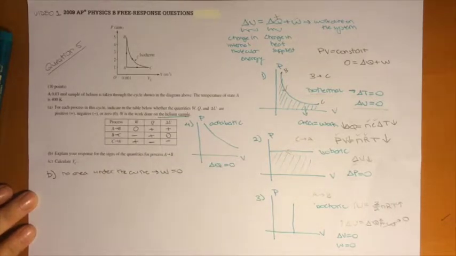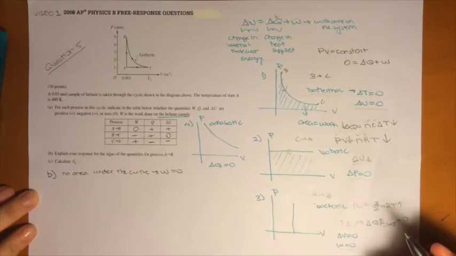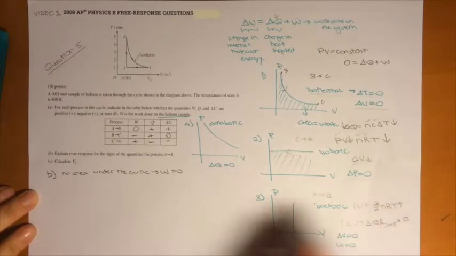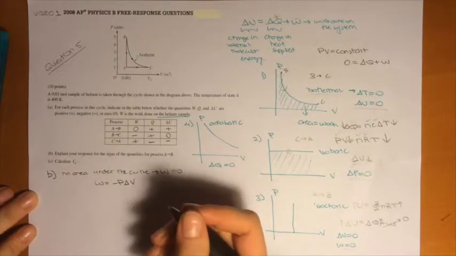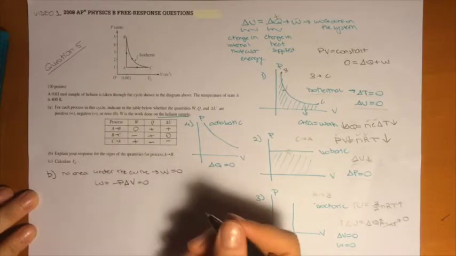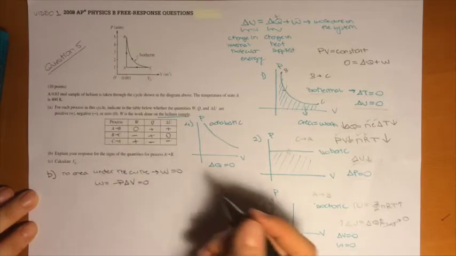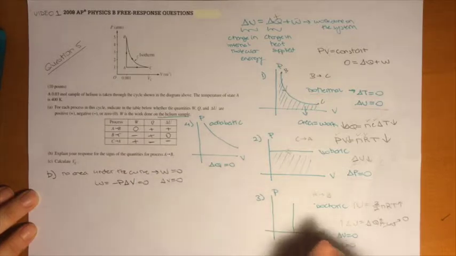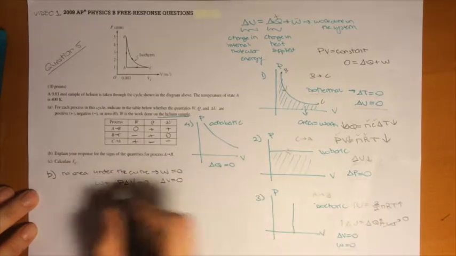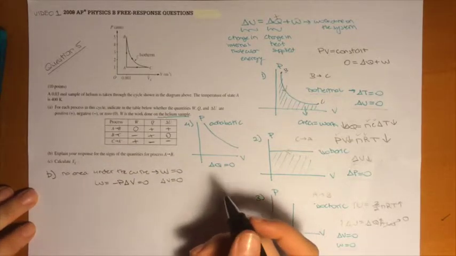So W is equal to 0 because there is no volume change here. And since W is equal to negative P delta V, I can say it's equal to 0. I mean, this can have many answers. It can also indicate delta V is equal to 0, but this answer would be acceptable.